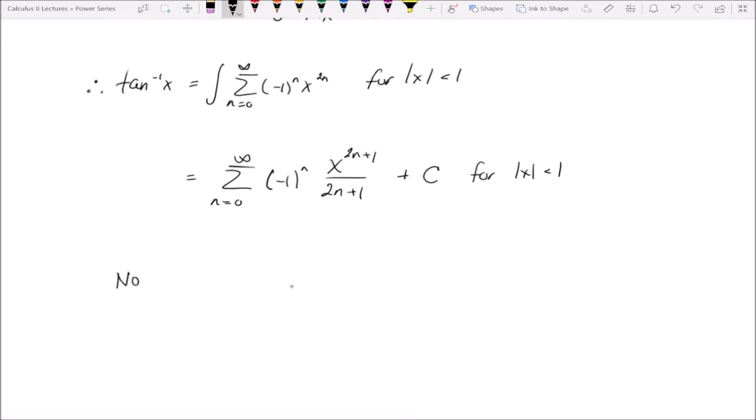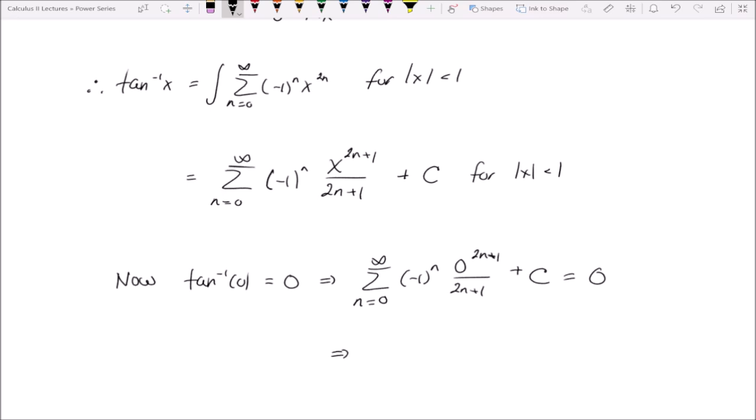Now we know the inverse tangent of 0 has to be 0. So this implies that this has to be 0. Well, this series is just the sum of a bunch of zeros, so that's just 0.